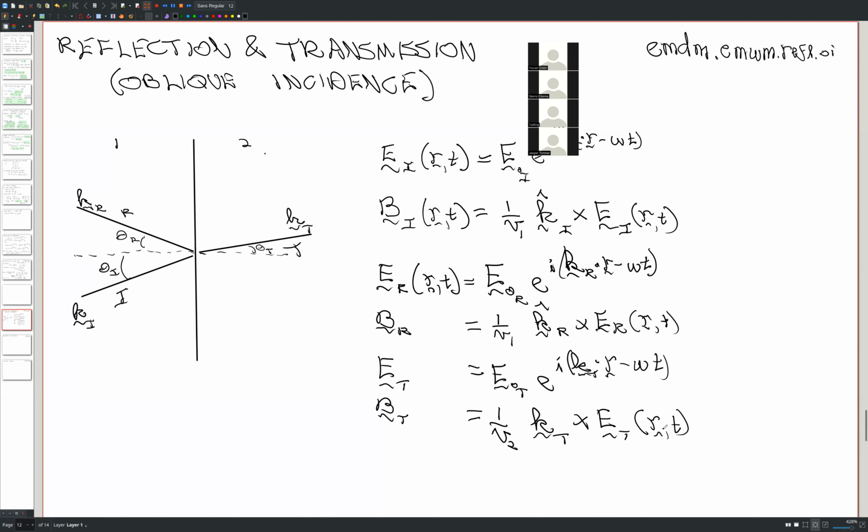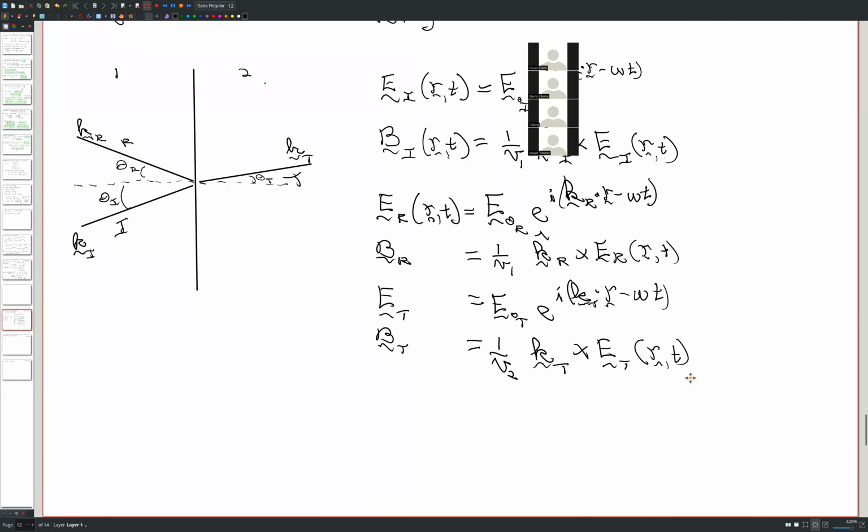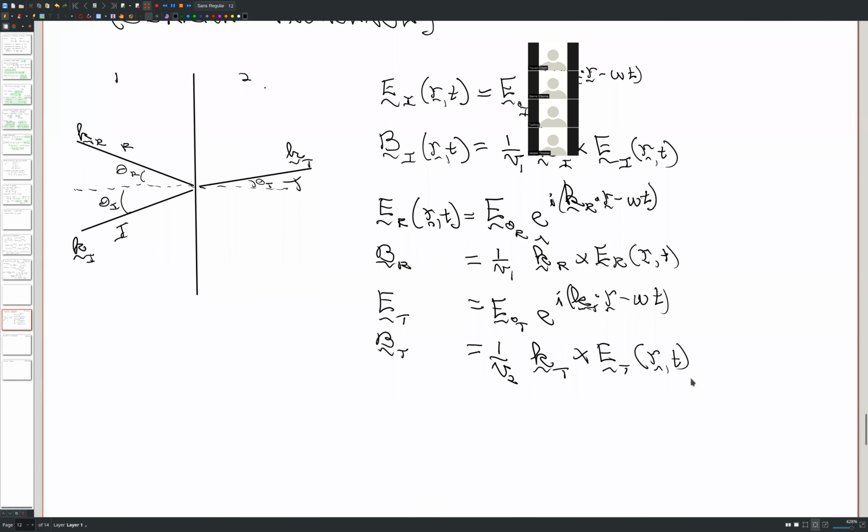Like this. So in principle, that gives me all these waves that I have to deal with, both the electric and the magnetic components.